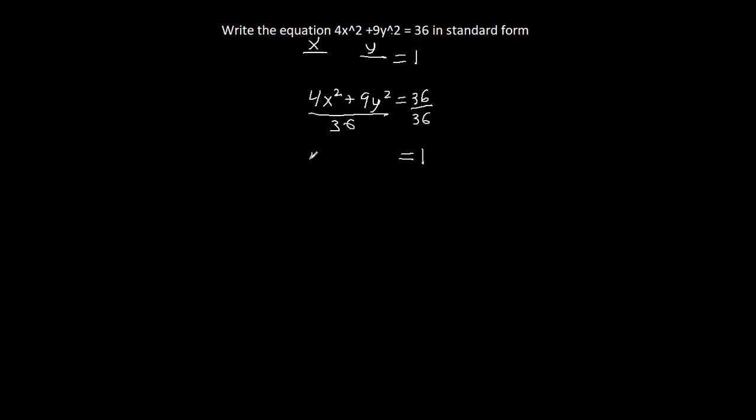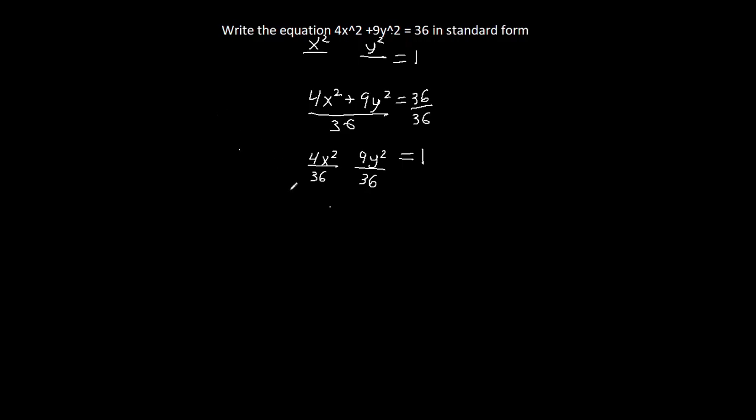And so we have 4x squared over 36, and we have 9y squared over 36. Now we can do some reduction, because we are looking for an x squared on top by itself. If we do 36 divided by 4, that's going to be 9.